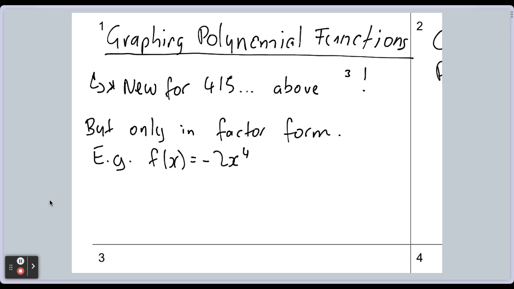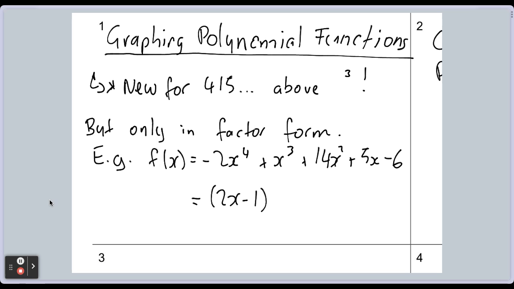It's positive, right? Because anything raised to an even power is positive. Then I'm going to multiply that by negative 2. So what's that number going to look like? Negative. So if I'm drawing the graph, I know the graph is going to ultimately start in this quadrant, where when x is negative, y will also be negative because the dominant term tells us that negative 2x to the power of 4 is negative.